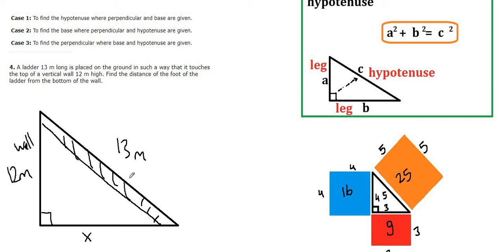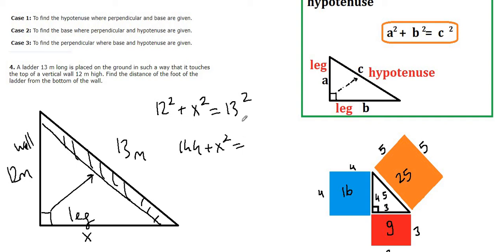So what is missing, leg or hypotenuse? The leg is missing because this is the hypotenuse. So 12 squared plus, let's call it x squared, is equal to 13 squared. 12 squared is 144 plus x squared is equal to 13 squared, which is 169. So x squared will be equal to 169 minus 144.